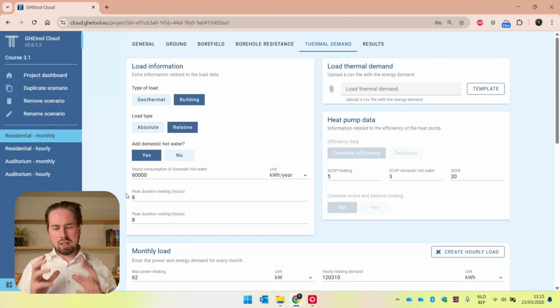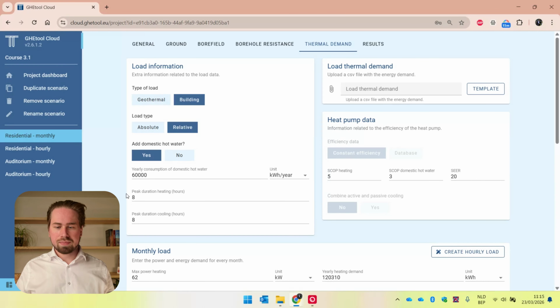So it's just to fill in the gaps, because you have no hourly profile, to move towards making a simulation with a monthly profile. And typically it's between, let's say, 2 to 16 hours or something like that. It really depends on your building.